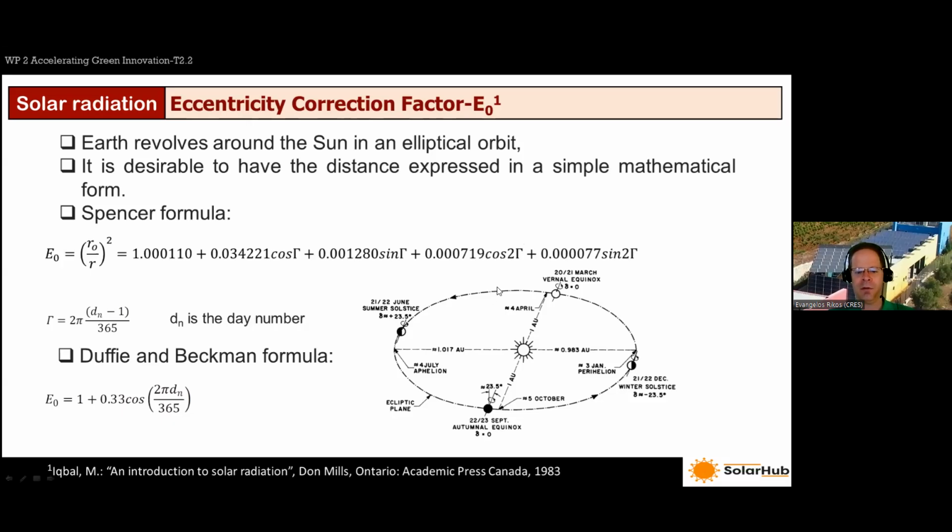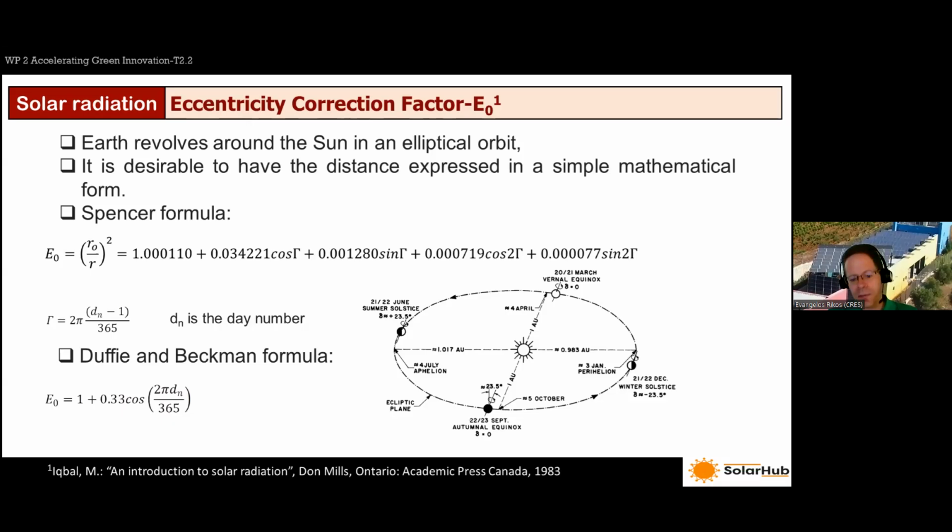We have, for example, the summer and winter solstices, where the duration of the day is the longest for the northern hemisphere, or the shortest for the southern hemisphere, respectively. And we have also some equinoxes, right, where the duration of the day and night are equal.